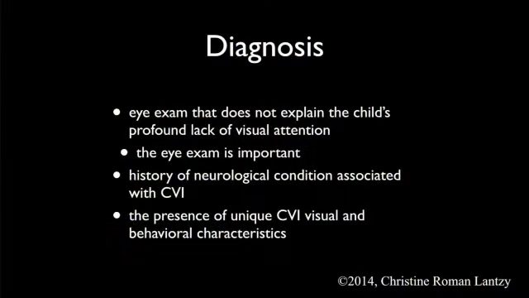Some big thing has happened to the brain that affects the child's functional vision. Usually that condition is so significant that it results in additional disabilities, but not always. The third is that the child with CVI will also demonstrate the unique visual and behavioral characteristics associated with this diagnosis. Those will be discussed in another set of slides.